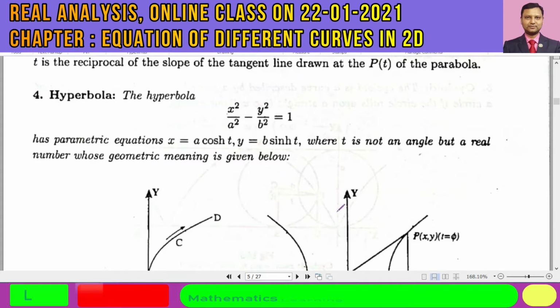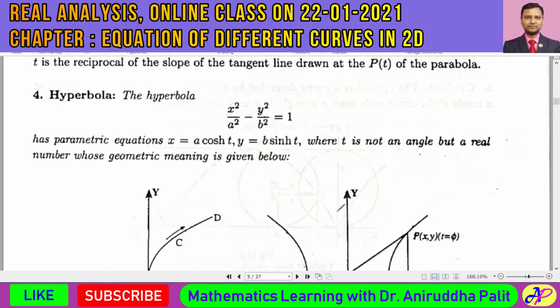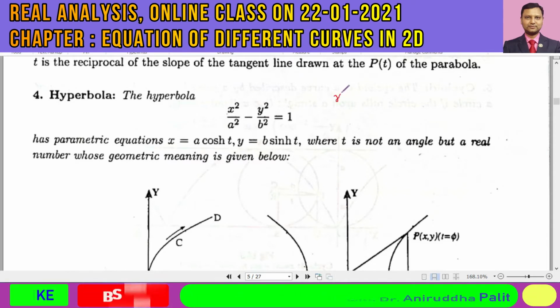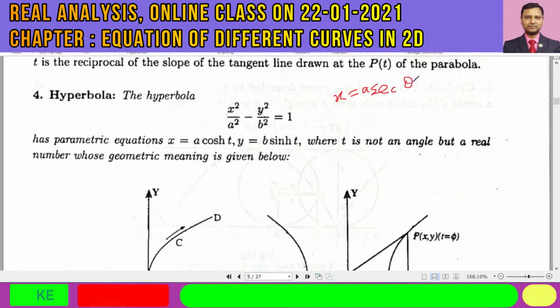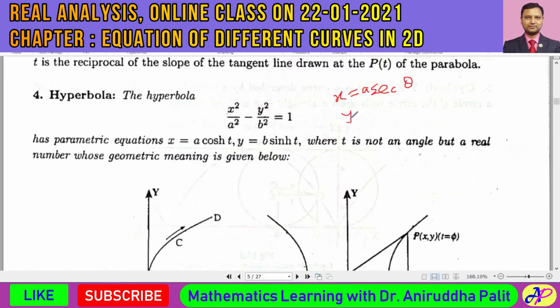You see, hyperbola can be written in a different fashion. It may be x is equal to a sec of, maybe for another kind of parameter, consider theta, and y is equal to b tan of theta.